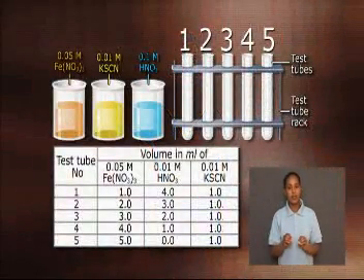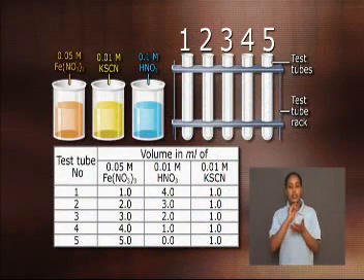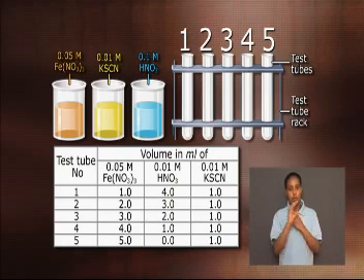Students, let us look at an experiment that studies the effect of concentration on the position of equilibrium. We start by placing 5 test tubes in a test tube rack and labeling them 1 through 5.